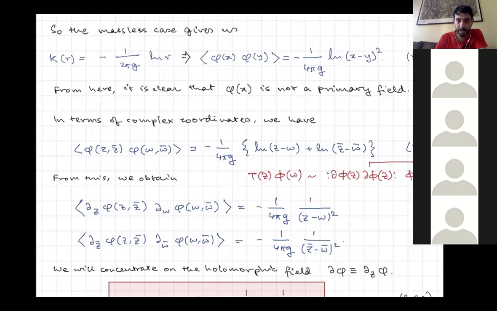If you know that this has a form like this, then when you have del phi of z with phi of omega, all you need to do is just differentiate this once. So this goes as 1 over z minus omega, and then you just use this, and you'll get a form of what this is.